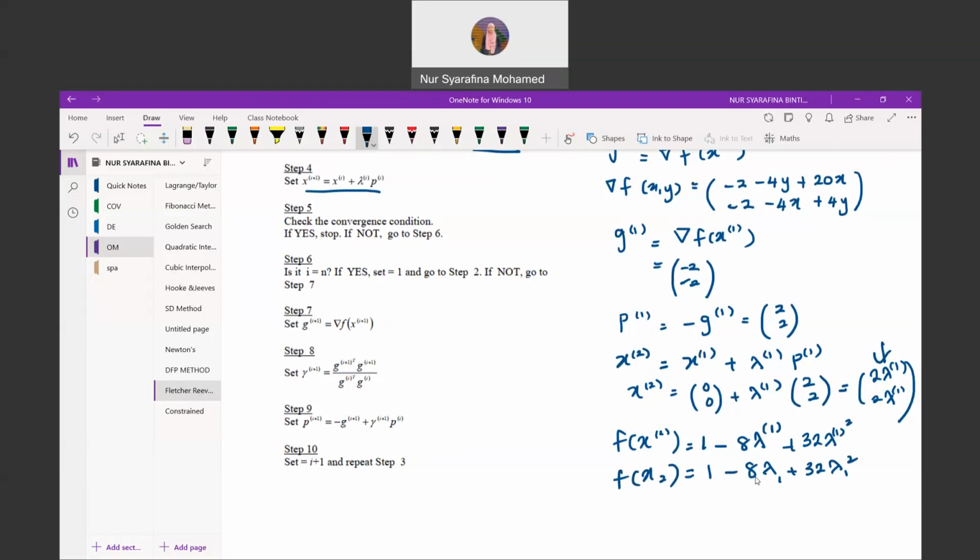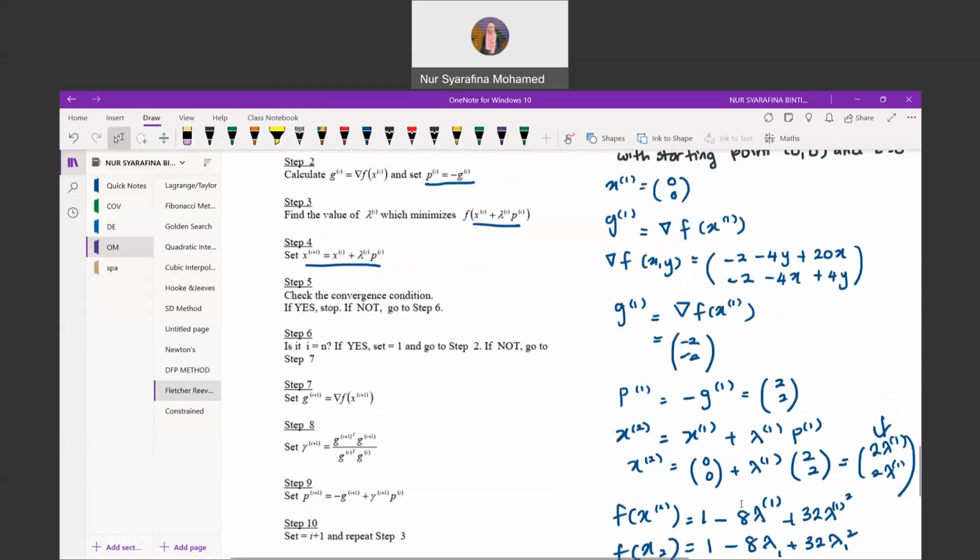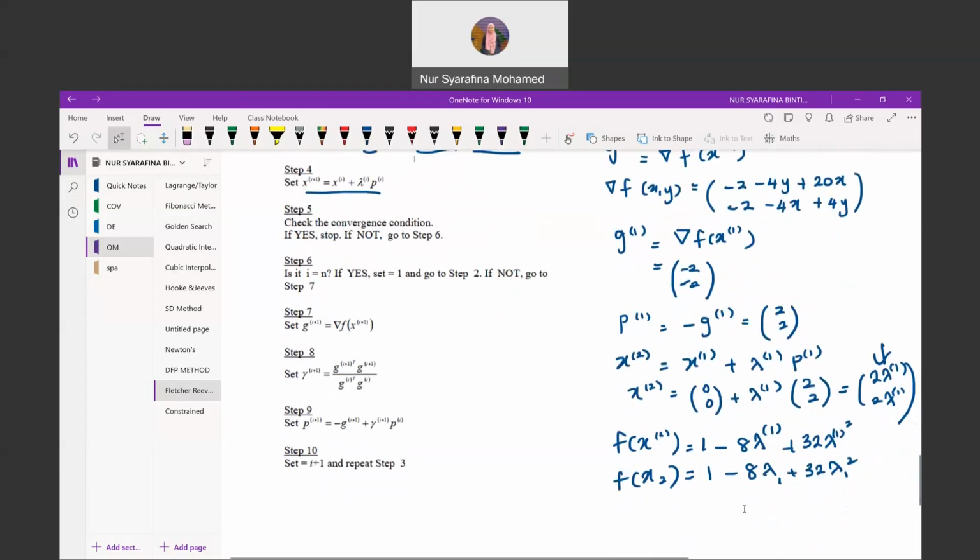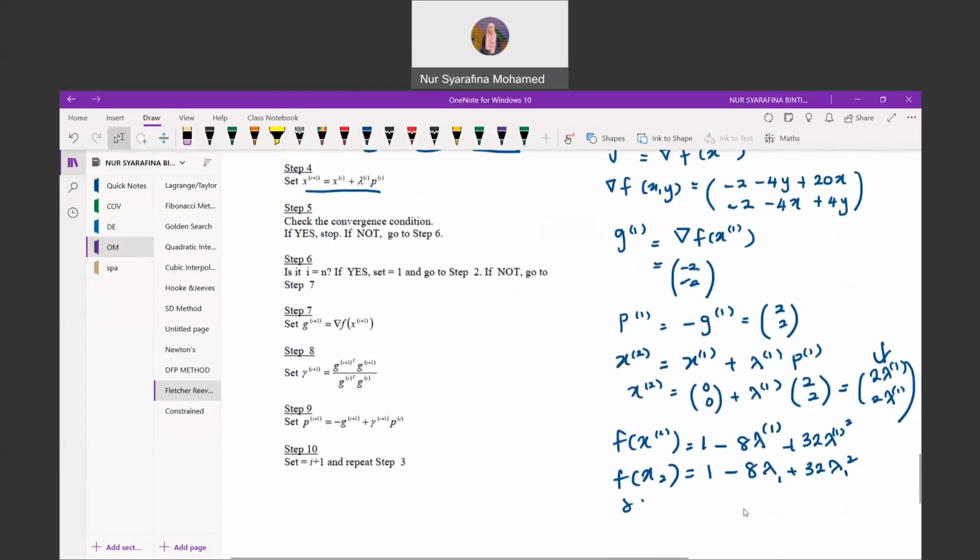If you want to find the value of lambda, find the value of lambda that minimizes the function. So you have to have del f over del lambda 1 equals 0, solving this just like our previous examples in steepest descent, Newton and so on. This is the process of finding the lambda value.